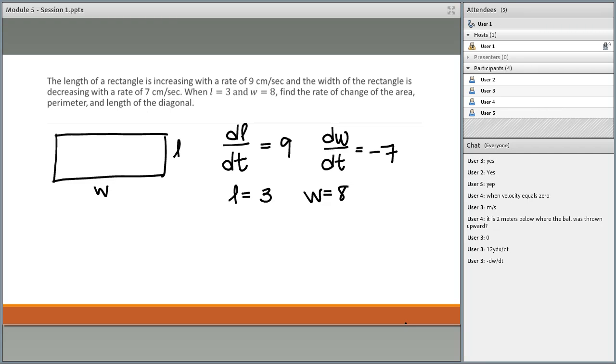And then they ask us to find the rate of change of the area. So let's just start with the area, and we'll deal with the other two in a minute. What do I know about the area of this rectangle? Perfect. Length times width. So the area of the rectangle is length times width. What are we actually trying to find?